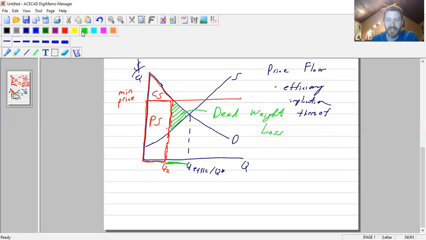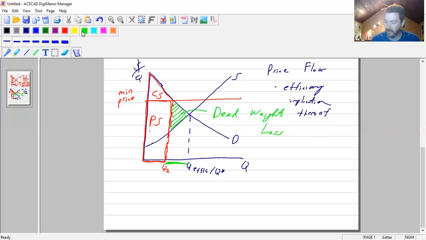That doesn't make any sense. This is a messed up outcome. Doesn't make any sense that these units aren't being produced, but they're not being produced because of the price floor and the way the price floor has affected markets. So this is a bad outcome. This is a suboptimal outcome. The price floor, the government intervention in the form of a price floor in this free market has impeded overall efficiency. It's prevented society from achieving the maximum overall gains that it can receive from this market.